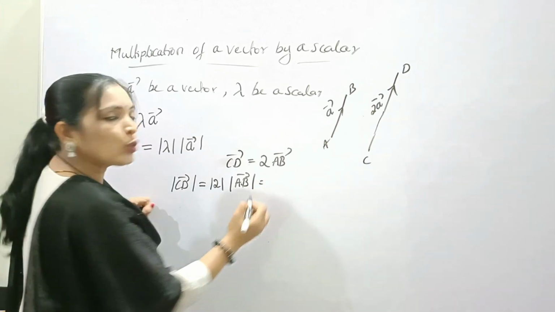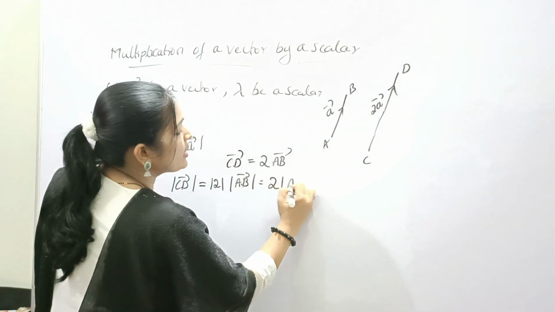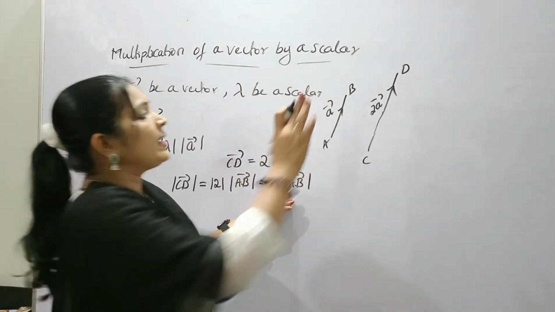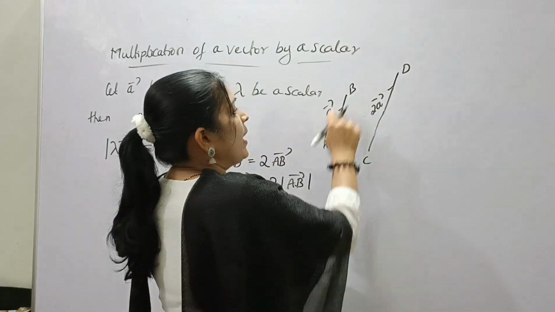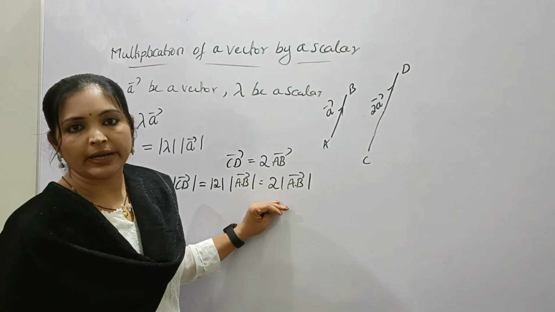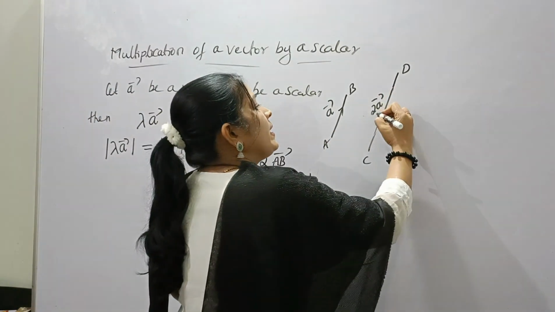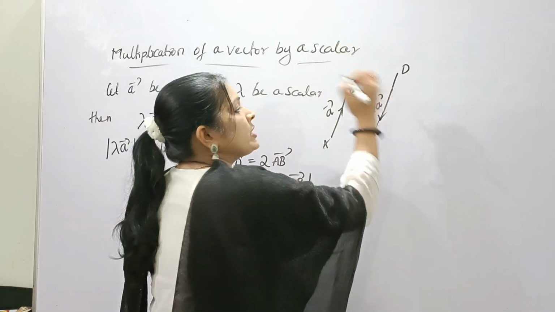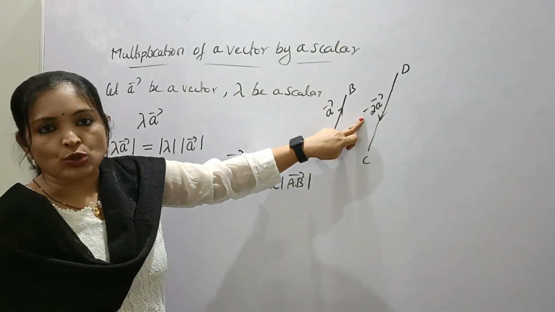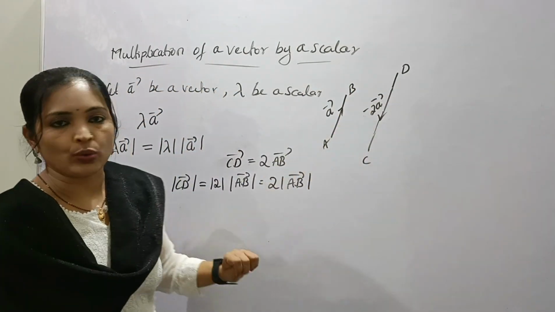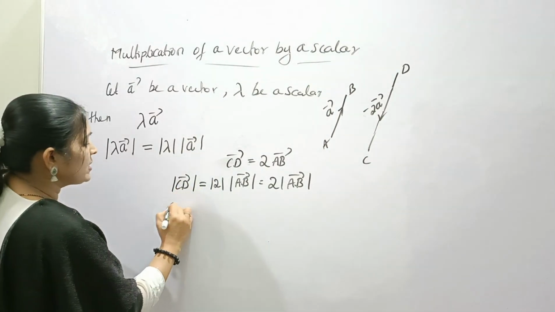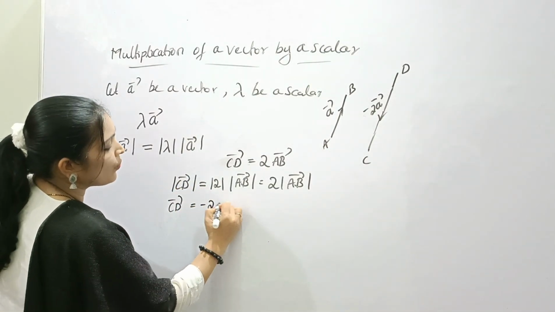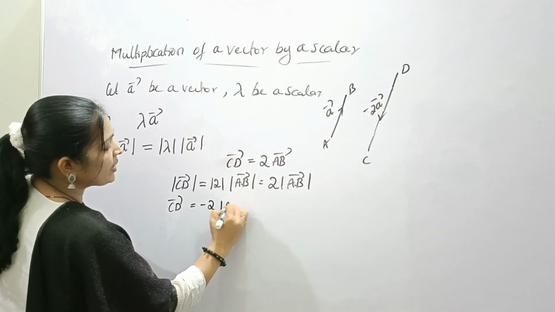Modulus of 2 is nothing but 2 itself, so 2 times the modulus of vector AB. Here AB and CD have the same direction. Next, let's take the case where they have opposite direction. Here it is minus 2A. If it is opposite, it is minus 2A. Therefore we can write vector CD is equal to minus 2 times vector AB.